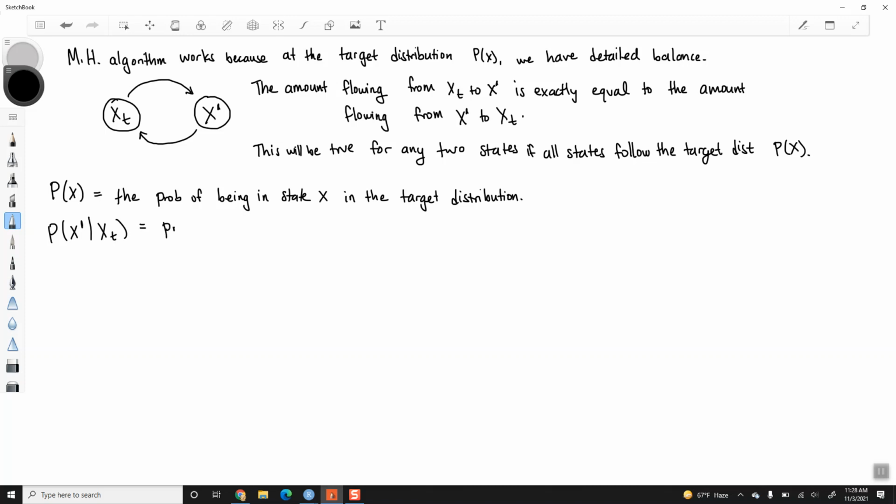This will be the probability of transitioning from state X to state X prime, given that we are already in state xt.